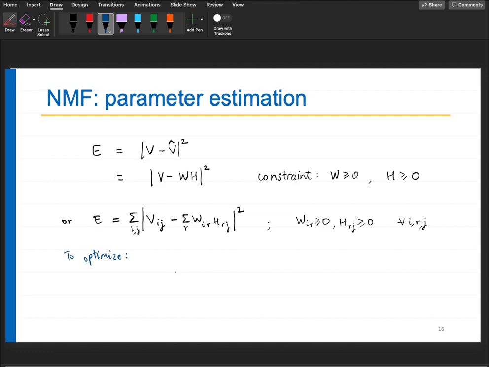Analytical solution. How do you find analytical solution? Yes, very good. Dou E upon dou whatever, let's say W or H, equal to 0, plus the constraints. Okay, you have to put the constraint. How will you put the constraints here?